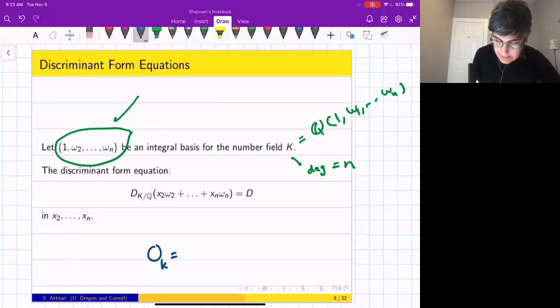In this case it would be Z 1 omega 2 to omega n.